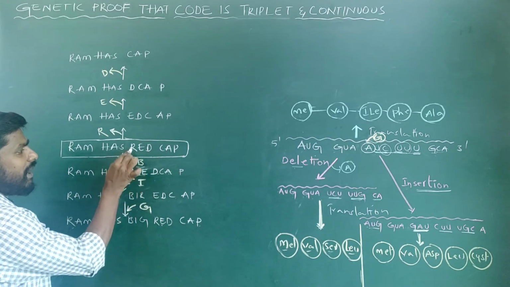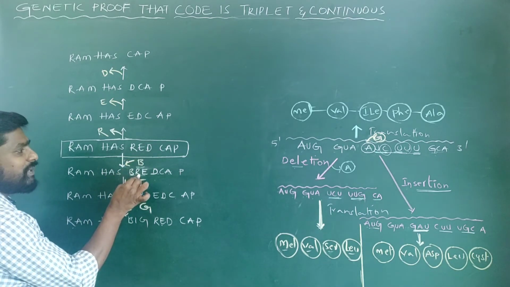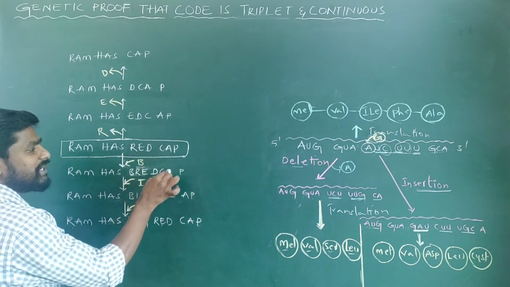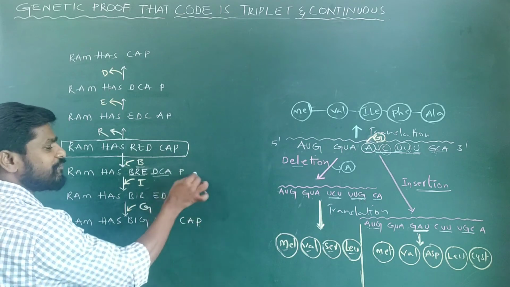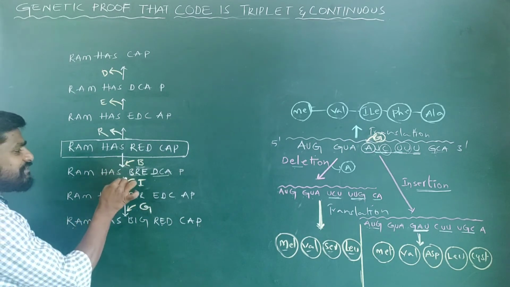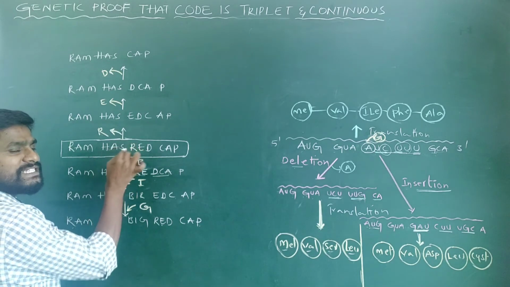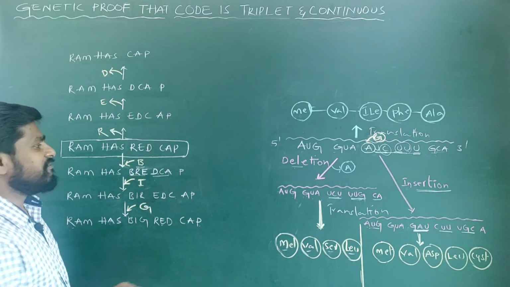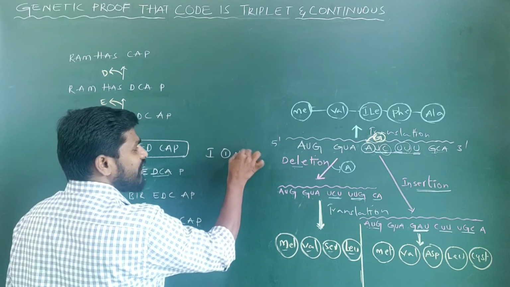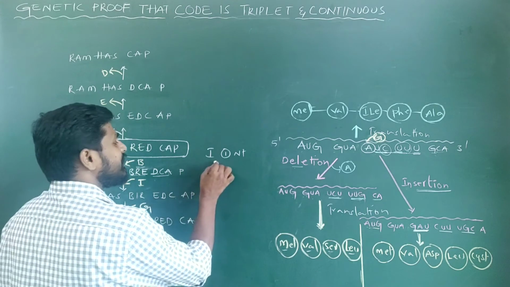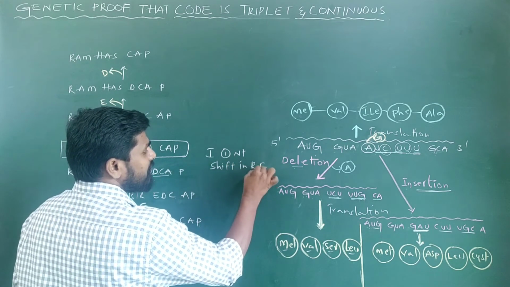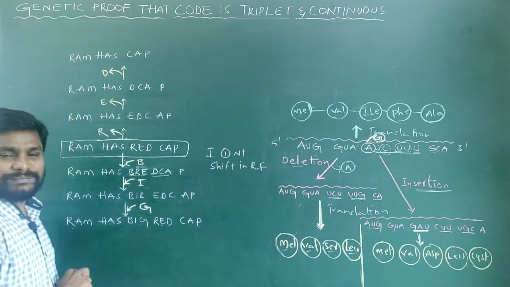Here BRE would form a triplet, DCA forms a triplet, and P with the other 2 nucleotides would form another triplet. What happened here? A shift in reading frame from the point of insertion, which means the insertion of a single nucleotide resulted in a shift in reading frame from the point of insertion.